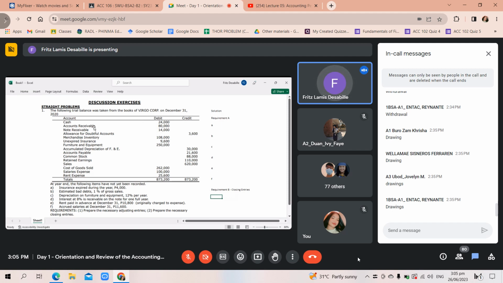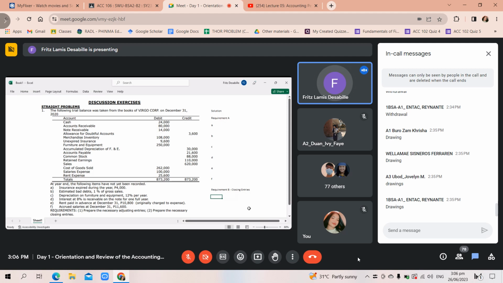So TB, we are already in topic 2 or part 2, which is the summarization of the accounts or of the accounting information. So at this point we make a trial balance. After the TB, we make adjustments.